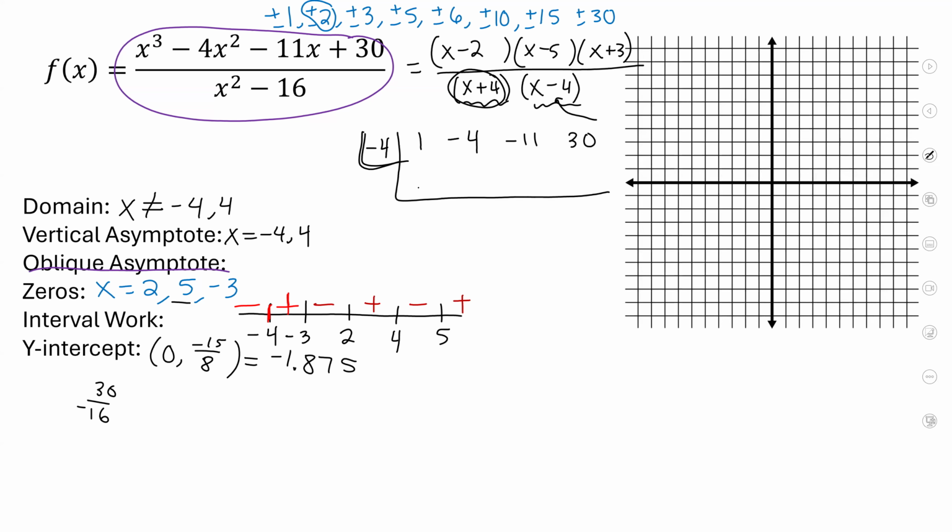Okay, so I bring down the 1 and multiply, we get -4. Add, we get -8. Multiply, we get 32. 32 and -11 is 21. Multiply by -4, and you get -84. Add those, you get -54.